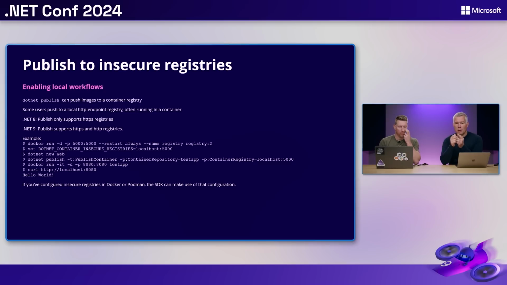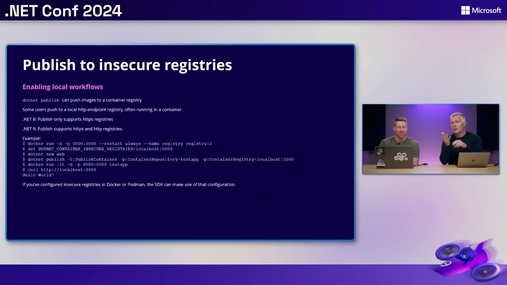Or you can have it write a tarball to disk. So I booted up this local registry, which was quote unquote insecure, meaning it's HTTP. That's what these two terms mean. And it refused to do that. It's like, I only talk the language of HTTPS. So there was a workaround before, but it was a little bit not great.